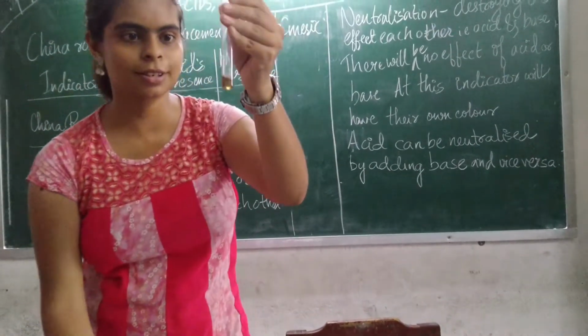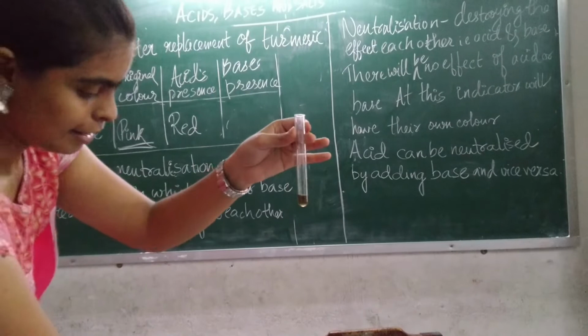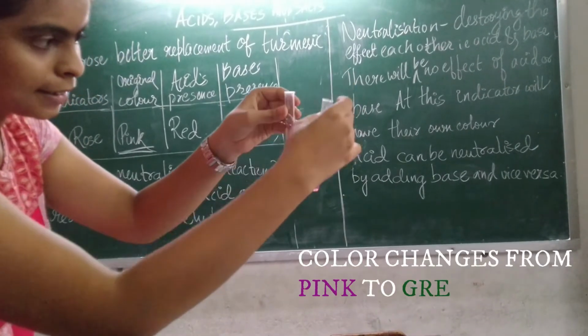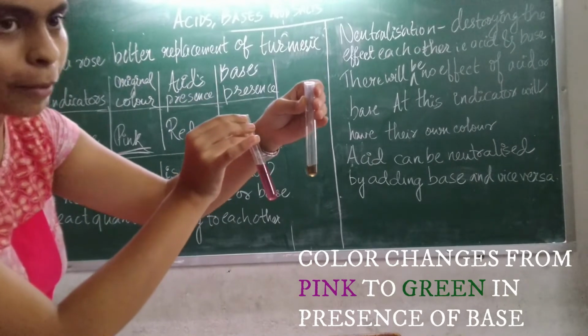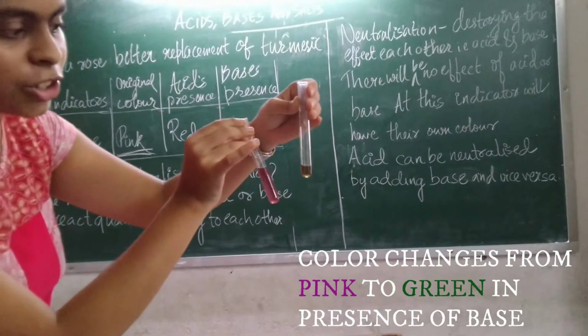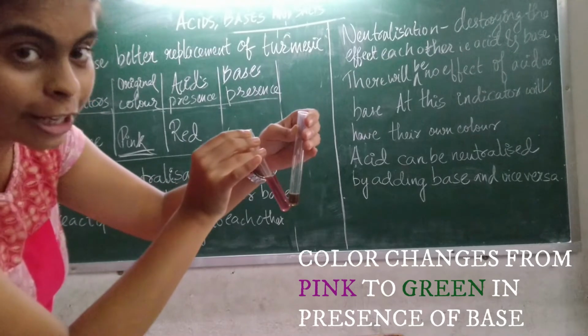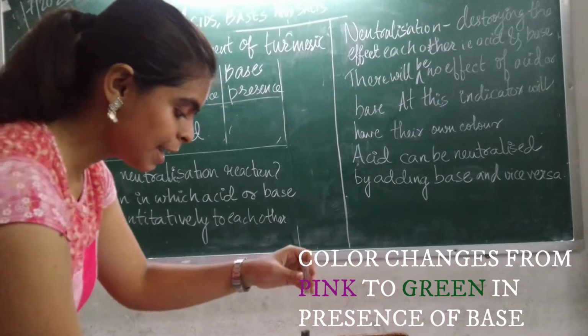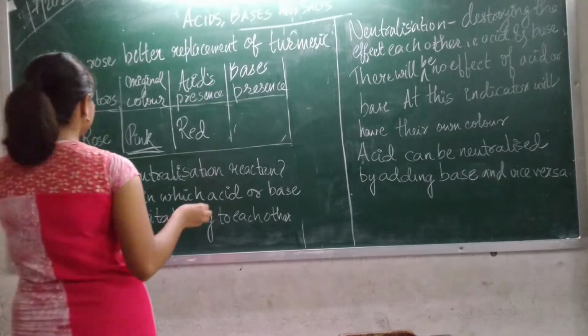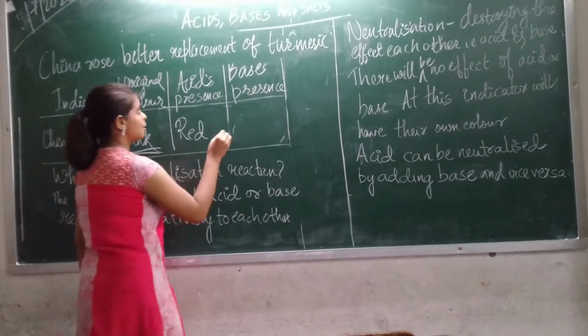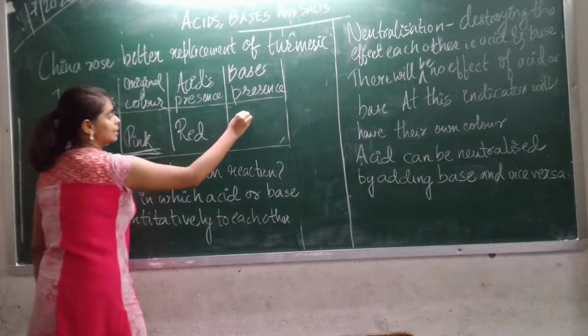Can you see the color change? You can see clearly that this is the pink original indicator color, and by adding base, the color changes to green. So we can say that in presence of base, the China rose indicator changes its color from pink to green.